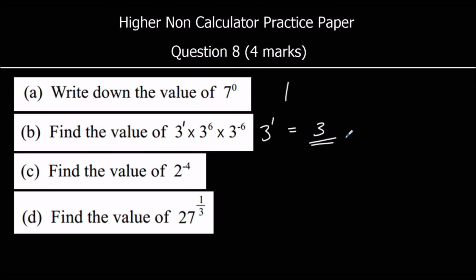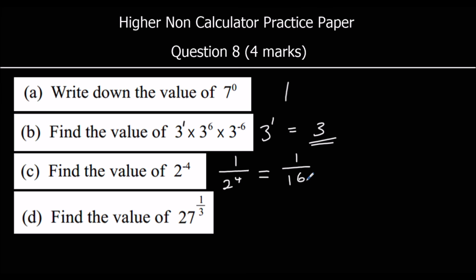Part C, find the value of 2 to the power of negative 4. So when we have a negative in the power, it means flip it over. It's the reciprocal, or 1 over 2 to the power of 4. 2 to the power of 4 means 2 times 2 times 2 times 2, and that is 16.